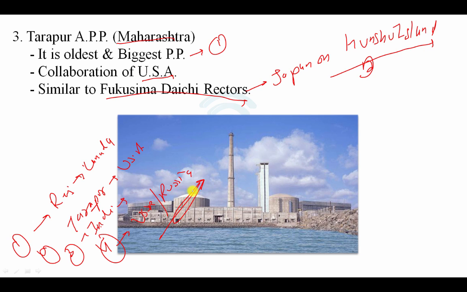So you don't need to remember which country helped where. You only need to learn that Canada helped Rajasthan, and USA helped Tarapur, that is Maharashtra. The rest of the power plants are made with the help of USSR or Russia.